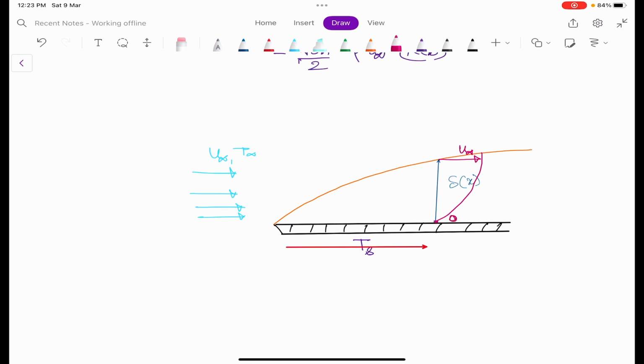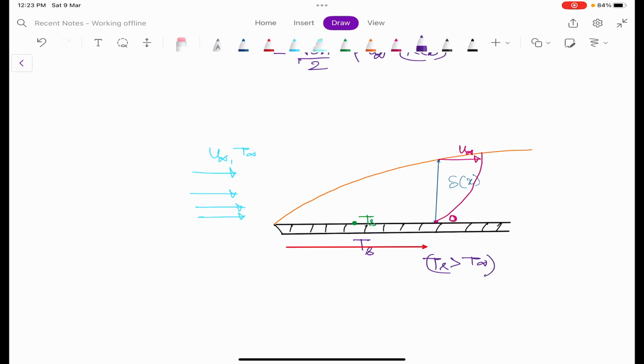So now if we consider the temperature profile, what will happen? Here the fluid temperature should be equal to the plate temperature, and here we will assume that Ts is greater than T infinity.